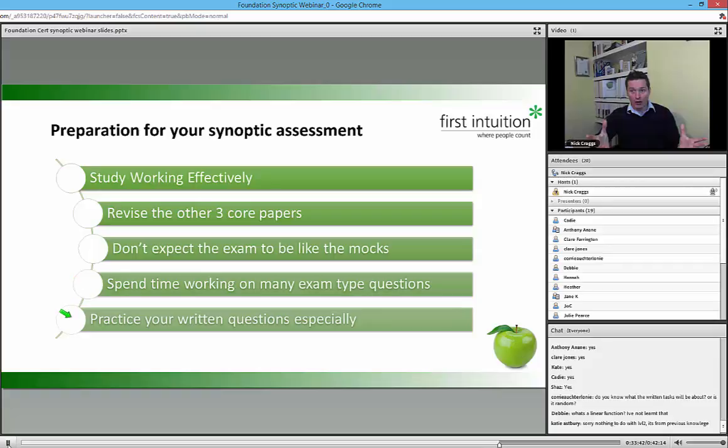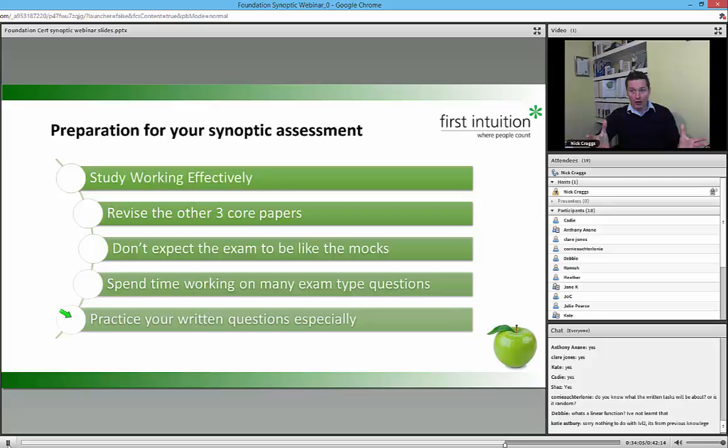And then finally, practice your written questions especially. And the other thing is that I say, if you have a tutor, get your tutor to look at your work, because you can look at a numerical question. If you've written 5 and the model answer is 4, it's clearly wrong. If you've written 5 and the model answer is 5, it's clearly right. Written questions are notoriously difficult to mark yourself.